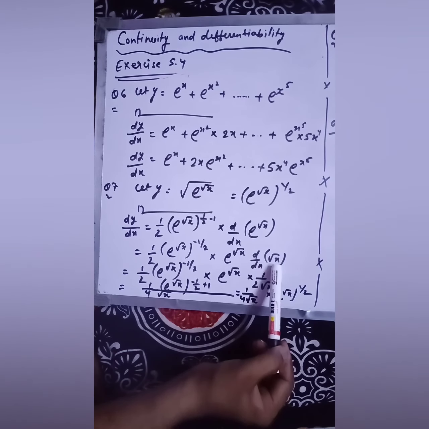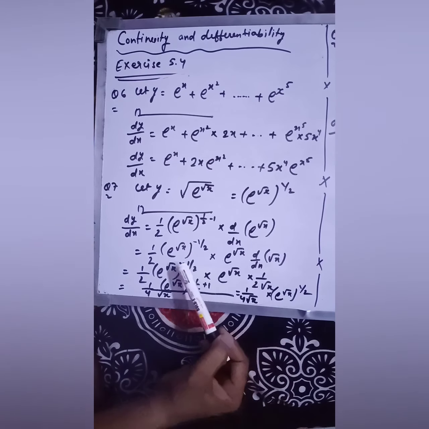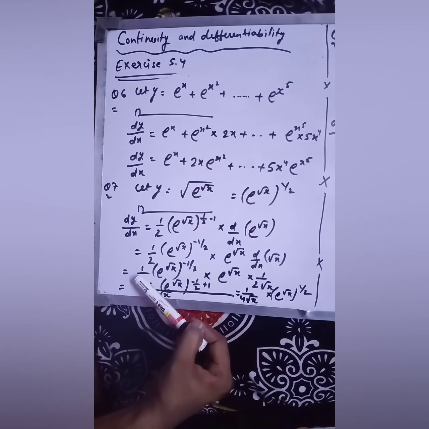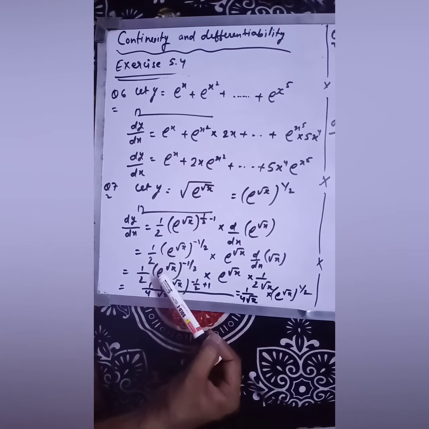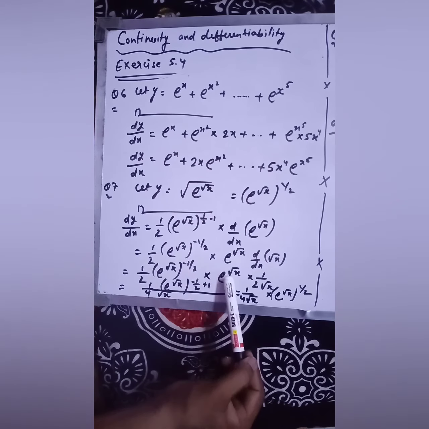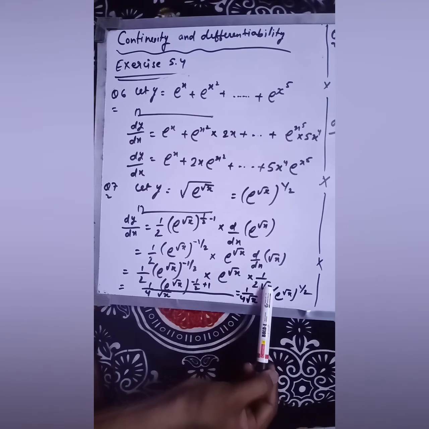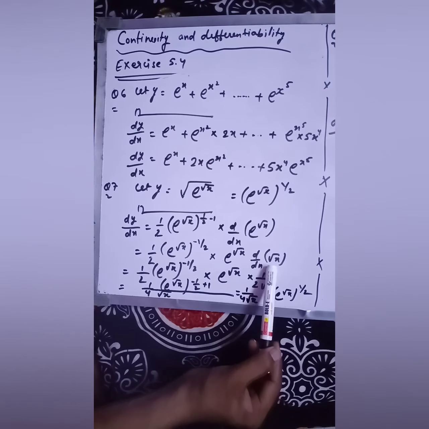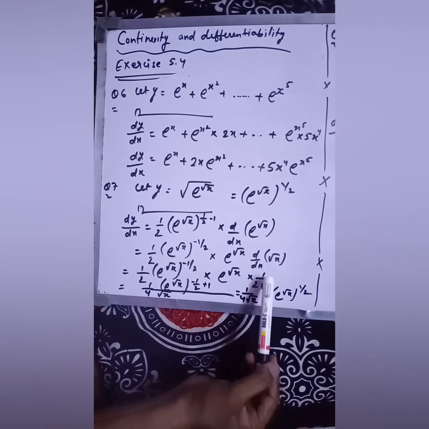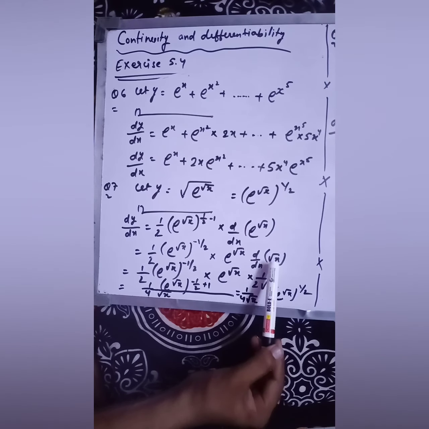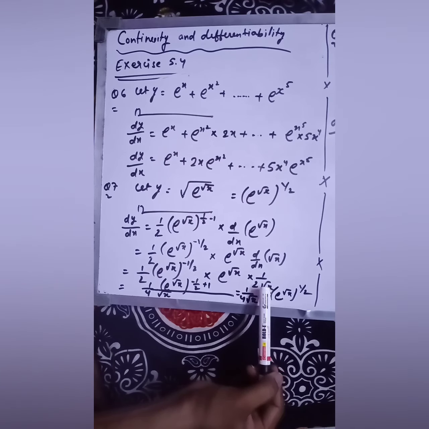So the derivative of root x we have to write. Okay, and in the next step, just copy all this half, this will be the same, into this will be the same, and the derivative of root x is 1 by 2 root x. This is the derivative of root x. Please recall this, remember the derivative of root x is 1 by 2 root x.